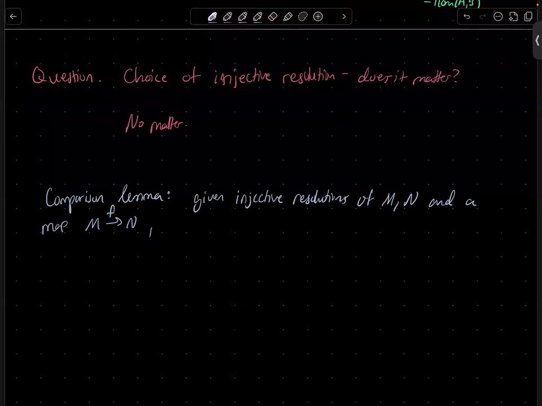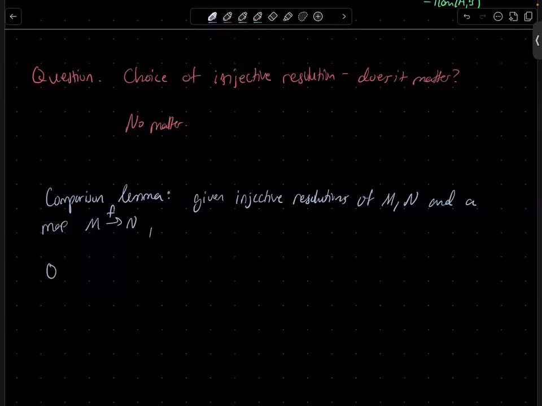Let's just draw the injective resolutions of M and N first. So that goes 0 to M, and then maybe this one is with I's. And then for N, you might have something like this. Let's say J.